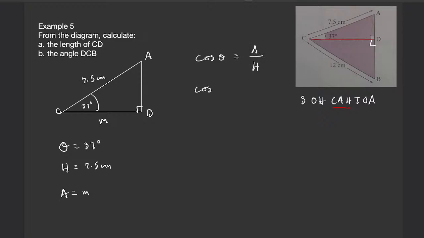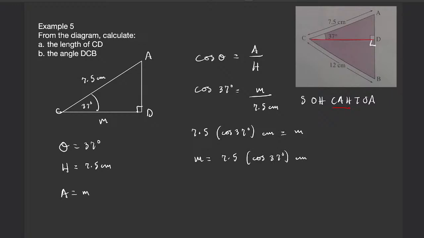Cos, the angle is 37 degrees, is equal to our adjacent, our unknown M, over our hypotenuse, which is 7.5 cm. Right, so I need M to be my subject, so I have 7.5 times cos 37 degrees cm, of course, is equal to M. Rewrite my formula. M is equal to 7.5 times cos 37 degrees cm.